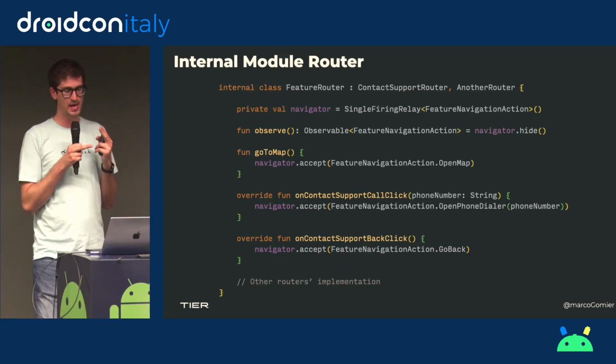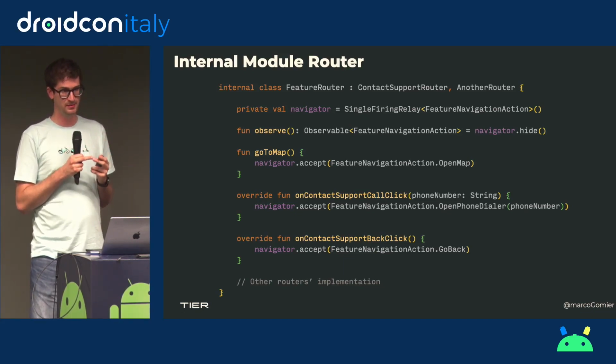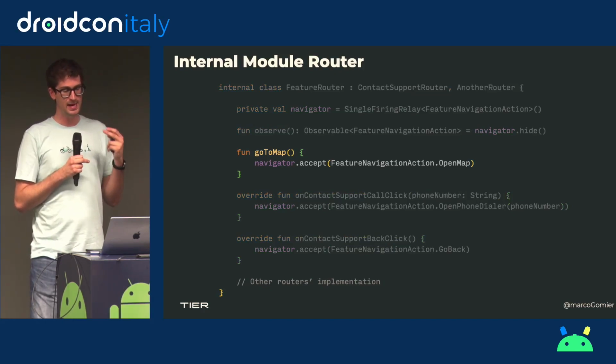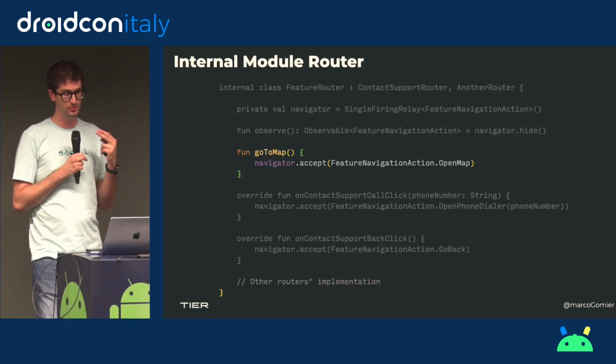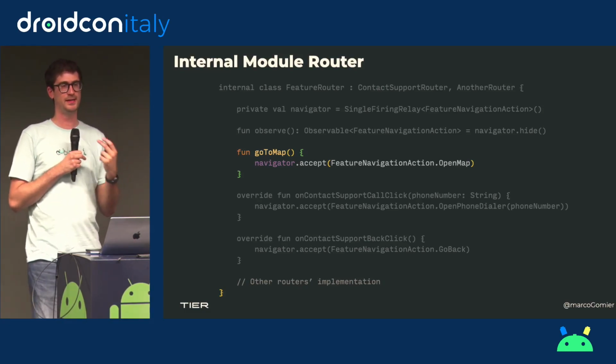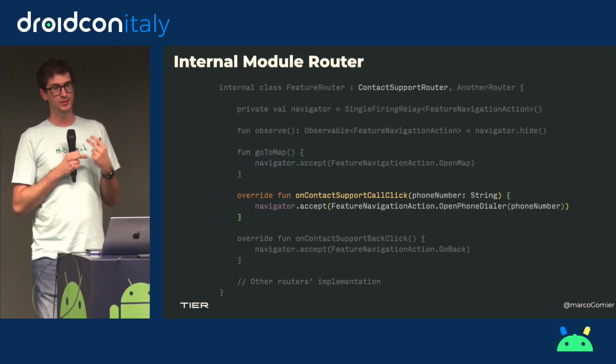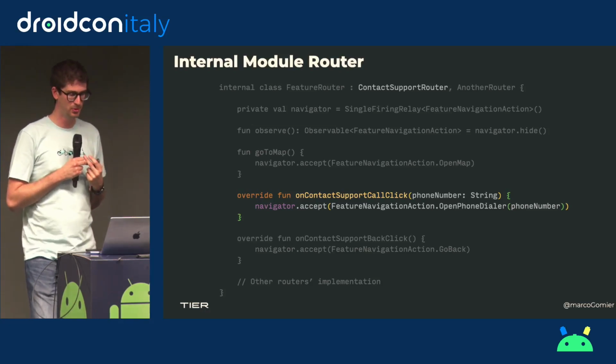In this case, it's the router for that specific feature, and it has a specific function to go to the map. But then it also wants to navigate to the customer support stuff, and so it needs to implement the router for the customer support.